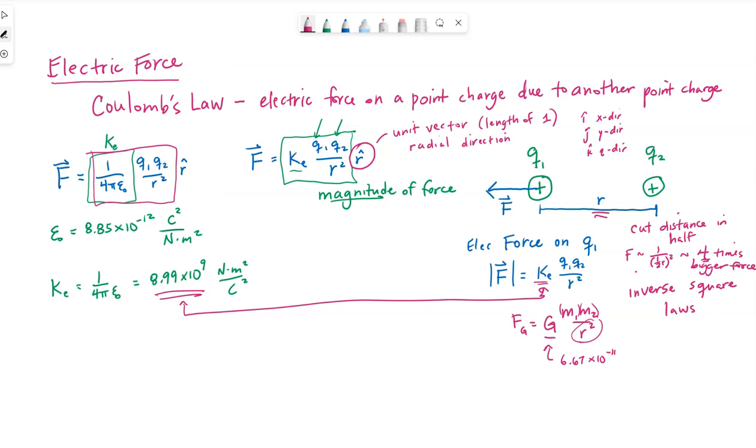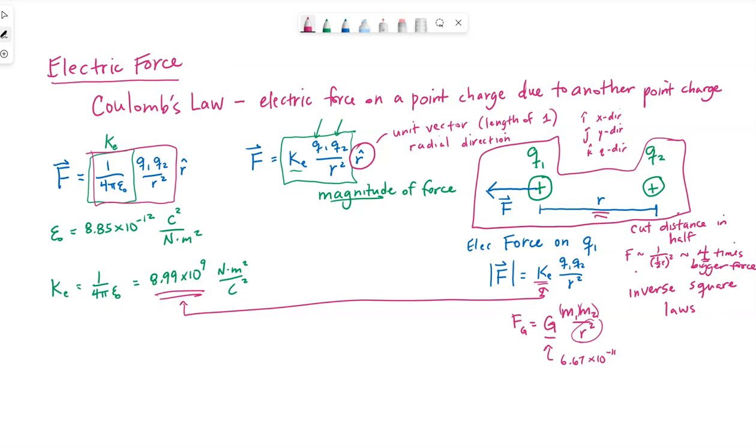So coming back to our picture, we have these two positive charges. Since they're both positive, they're both the same type of charge, they're going to repel, which makes the force radially away from the other charge, or just directly away.